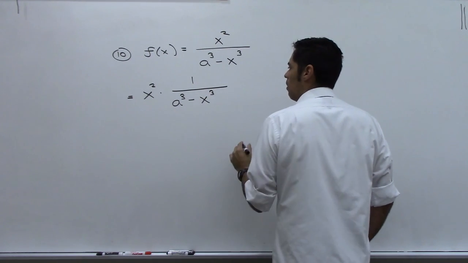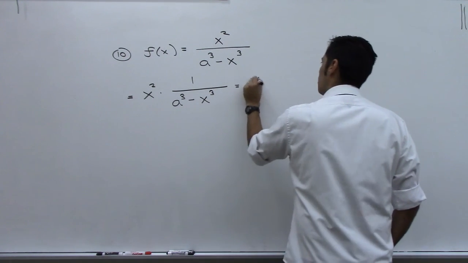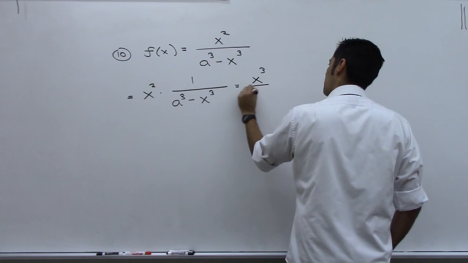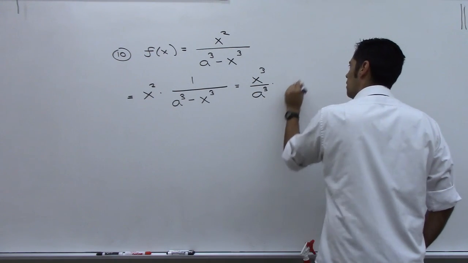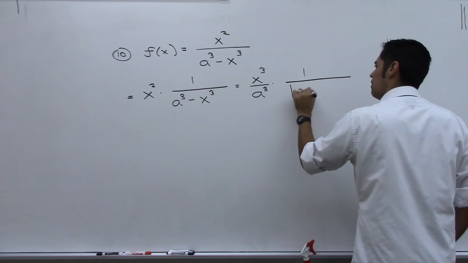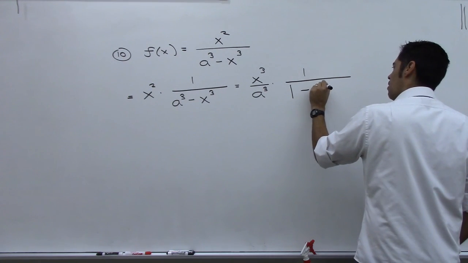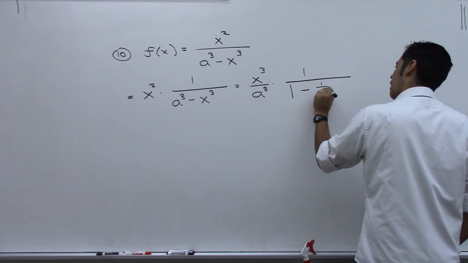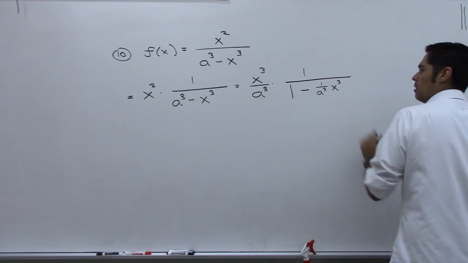Try and turn that into a 1, so I need to factor out an a cubed. That a cubed is going to come out there. And when I pull an a cubed out from here and here, I get a 1 minus, and then 1 over a cubed x cubed.